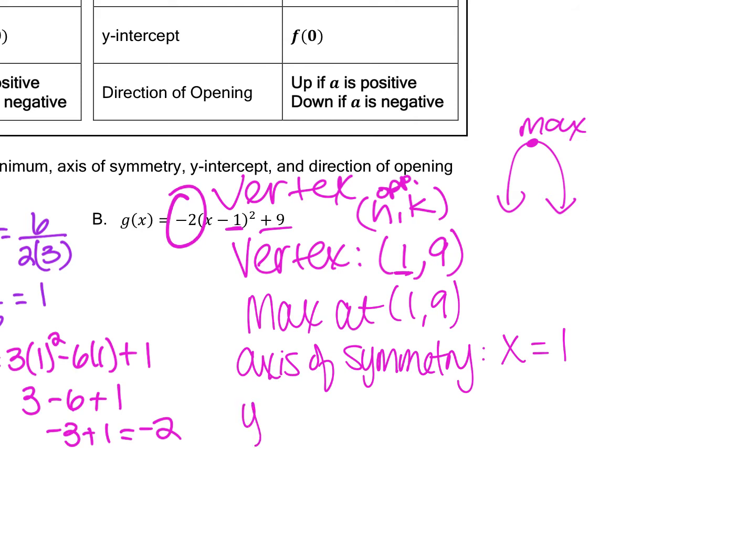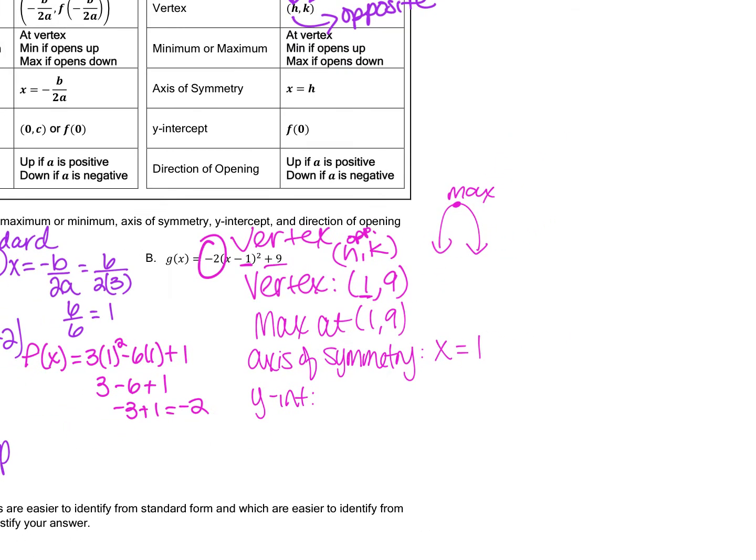The y-intercept. So we're needing to find the y-intercept here. So in order to find the y-intercept, we know the x is 0. So we're going to plug into this function here. -2 times (0 minus 1) squared plus 9. So this is -1 squared right here. I need to do that. So that's +1.